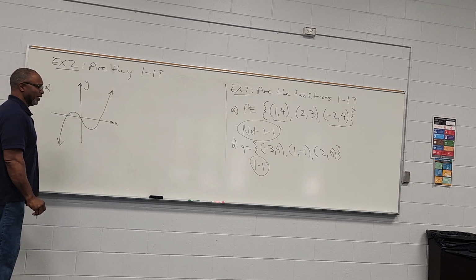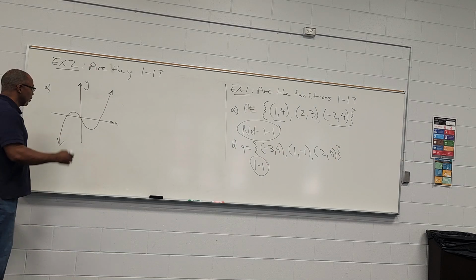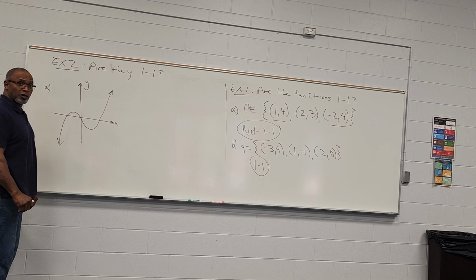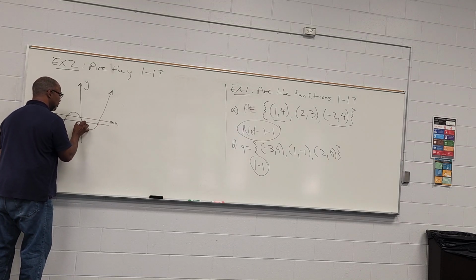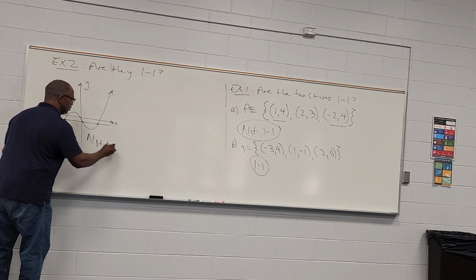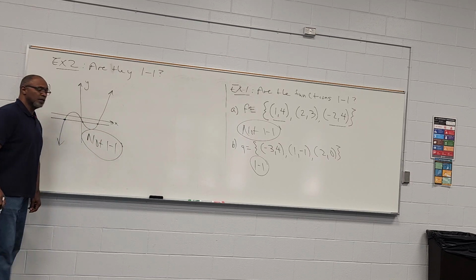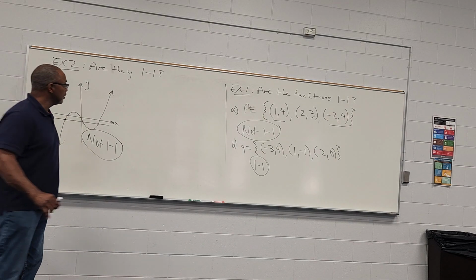They give me something like that. Is this a one-to-one function? Well, I can draw any horizontal line I want anywhere in the plane. And if I draw it here, I see that it intersects it once, twice, 3 times. This is not one-to-one, because I found a horizontal line that hits it more than once.